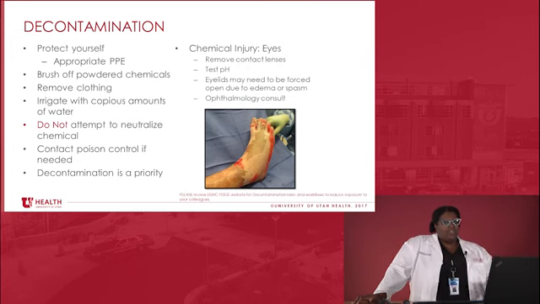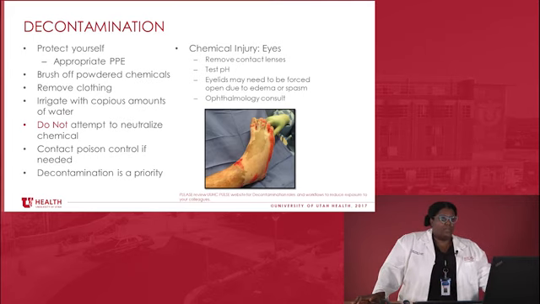We also want to make sure to contact poison control if it's indicated. And I would say, unless you know what it is, we're probably going to call poison control to figure out and make sure that the scene is also contained and they have the appropriate information. And then if we're thinking about chemical injuries for the eye, we want to make sure all contacts are removed, just like any other trauma as well.